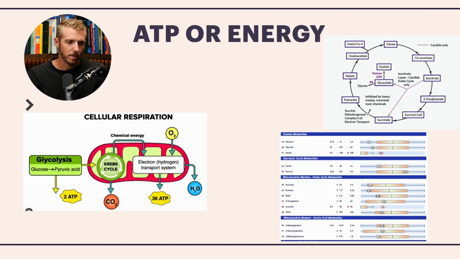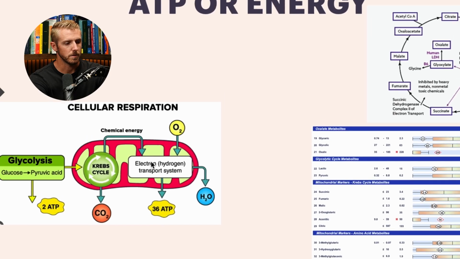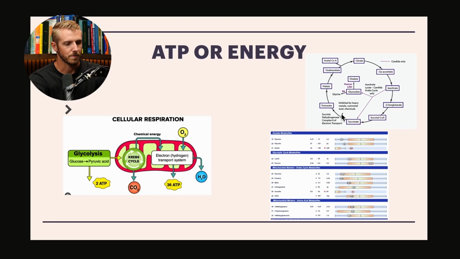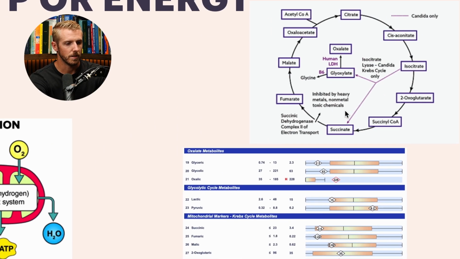And then the other aspect that we need to talk about is ATP or energy production. ATP stands for adenosine triphosphate. And what happens is, let me zoom in here, we have a Krebs cycle that runs. And as that Krebs cycle runs, there's a bunch of different aspects of it. You can see it right up here. This is a test that we're going to look at right here. This is called a urinary organic acids test.